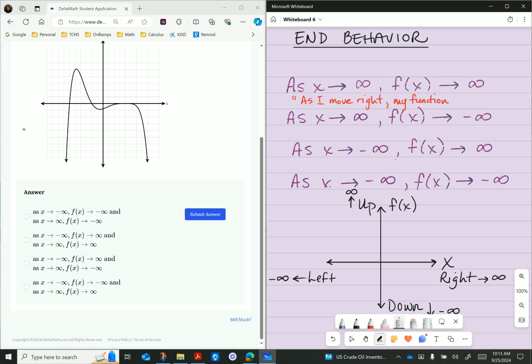Well, the function approaching positive infinity means that the graph is going upwards. So let's just use the word goes up. So that's what that phrase in math means. As I look to the right side, the function is going up.